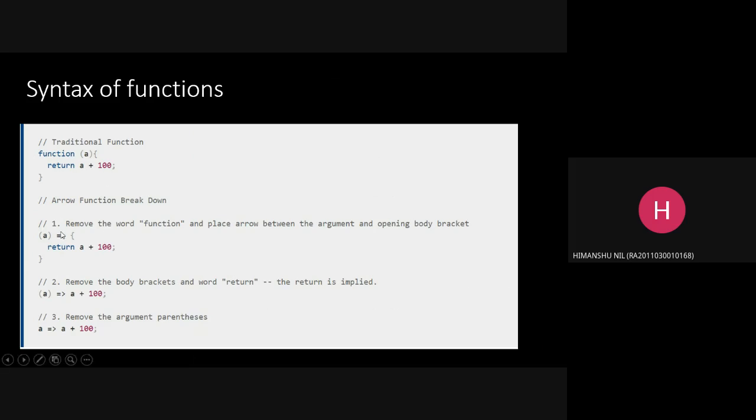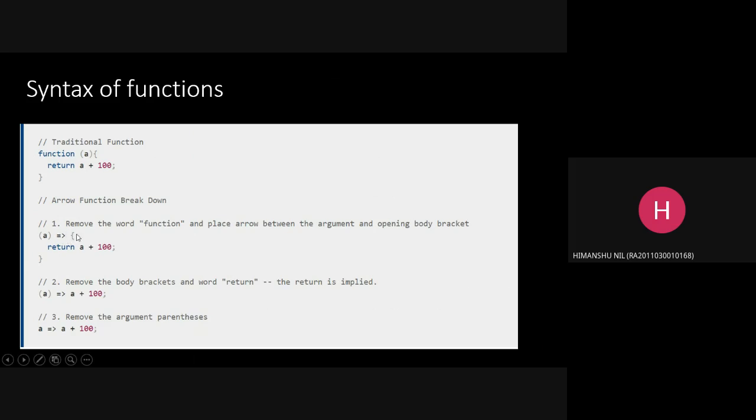After that we can remove the word function, because it was just a name. If we don't need the name of that function in the code, then we can directly go with the parentheses, equal to, and greater than. So this sign is always important for the function.